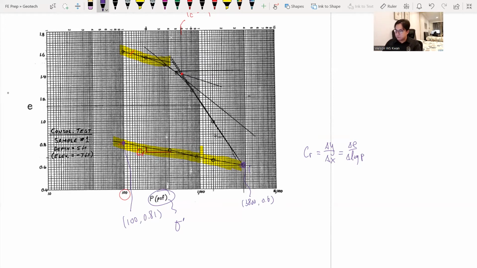Meaning the stress level. So in this case, since we have a negative slope, and we understand that C sub R is a positive number, we take off the polarity, we multiply that by -1, and we pick this as a y2 and this as our y1.